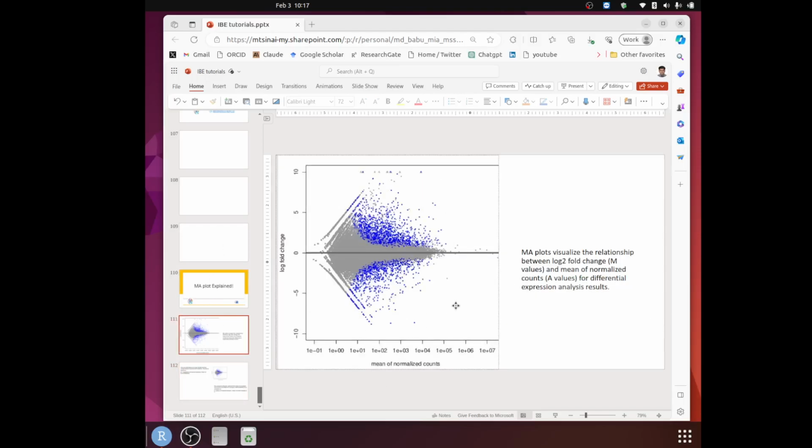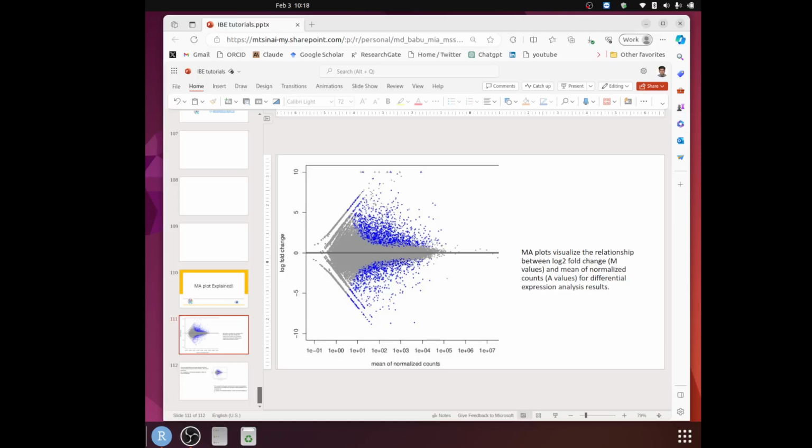For example, you had a DESeq pipeline where you used the negative binomial algorithm for the further analysis of your bulk RNA-seq count matrix data.